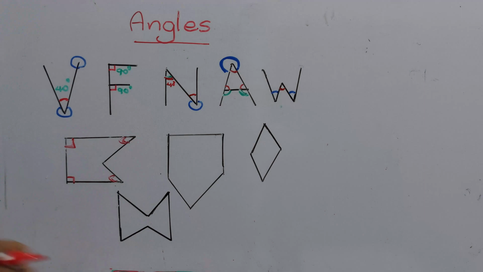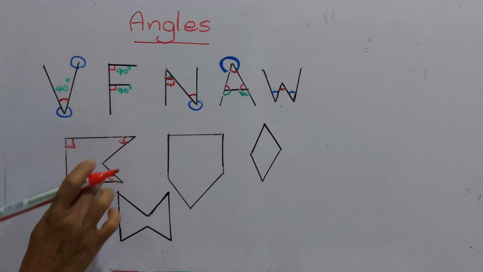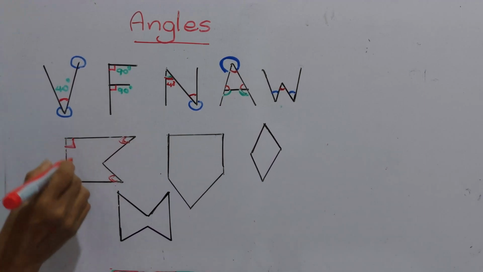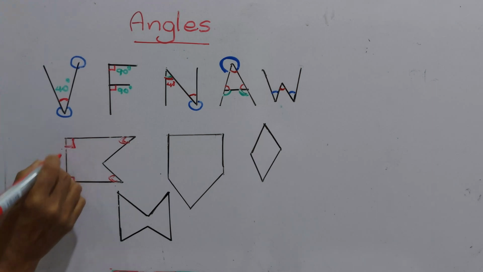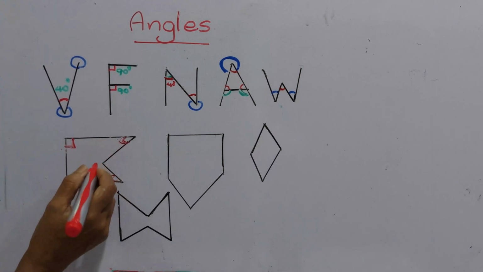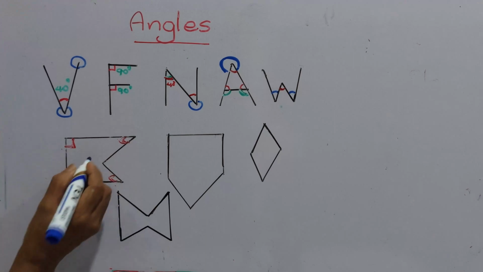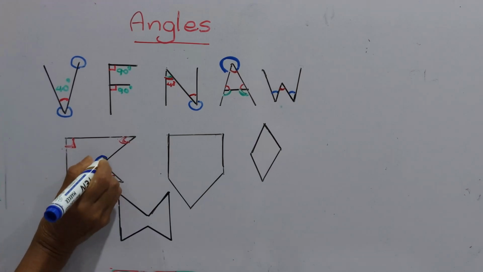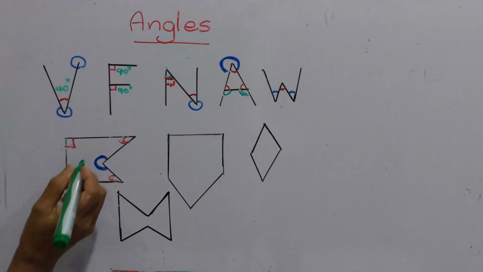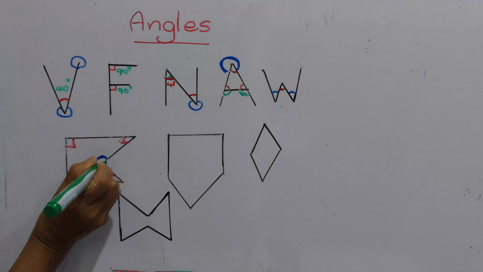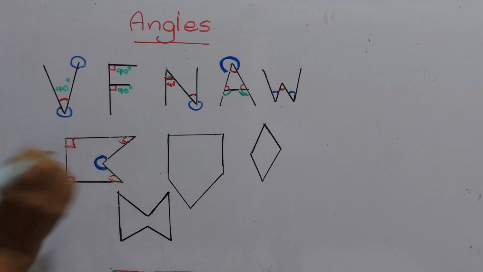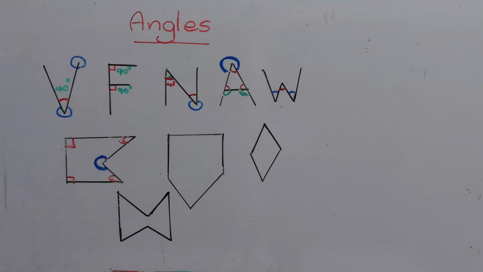If you are asked to draw a figure like this, here there are two right angles and two acute angles. What do you think about this angle? This is an obtuse angle and this is a reflex angle.